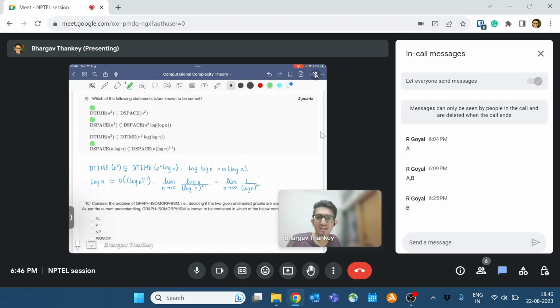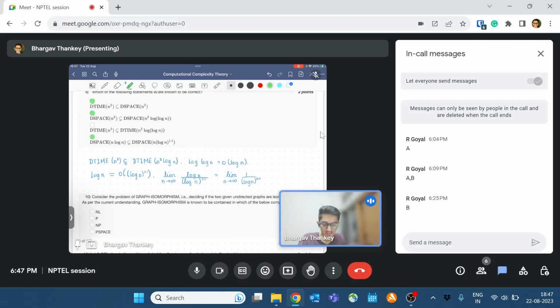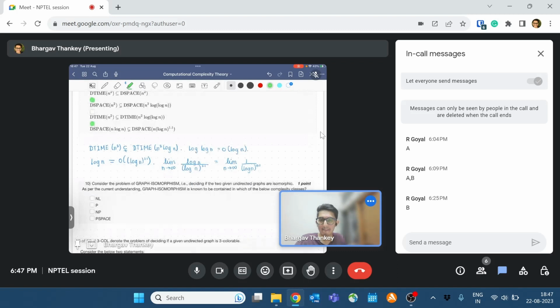Basically, this trick almost always works. The only problem is that sometimes the limit might not exist if you do things wrong, but in most cases this would work. So is this fine? Yes.